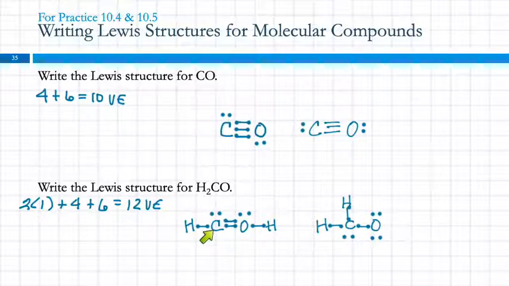So this carbon still has 8, 2, 4, 6, 8. Now the oxygen also has 8, 2, 4, 6, 8. Hydrogen is always good. He only needs 1 bond and that's it. So then over here we're going to do the same thing. We're going to take a lone pair from the carbon and make it a bonding pair with the oxygen and end up with that.